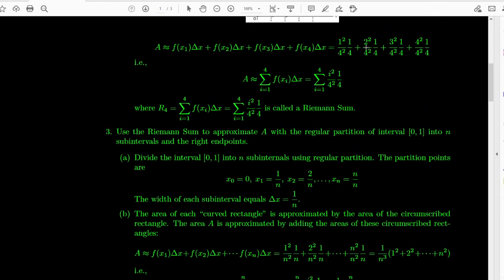So try to compare the two lines. That's the case when n value is 4. That's the case when n value is n. Wherever you see 4 in here, you replace 4 with n. You have the general case. Any questions about this?